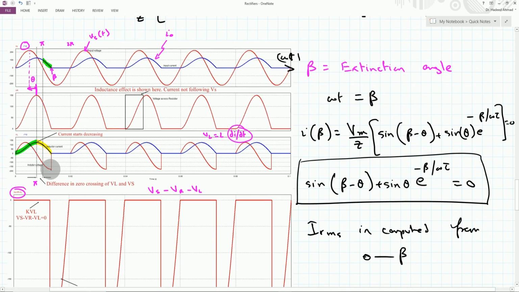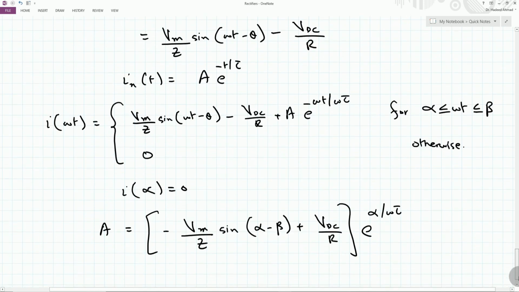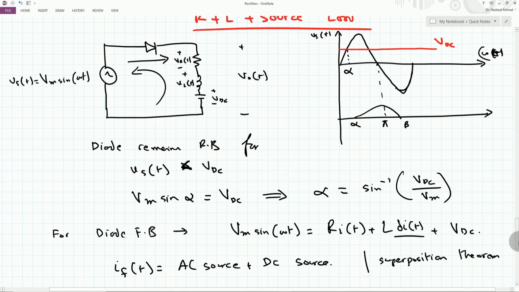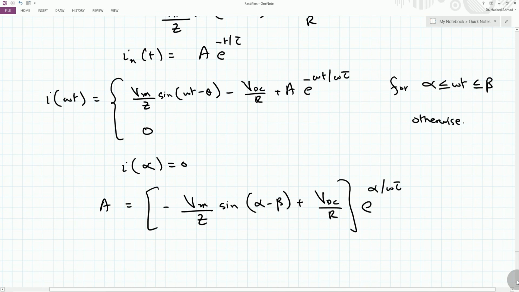So what is the average power for this circuit? In this circuit, there are two components which can absorb power. Here we have this resistance R, and we also have a DC source VDC. Therefore both of these two components share the average power absorbed.